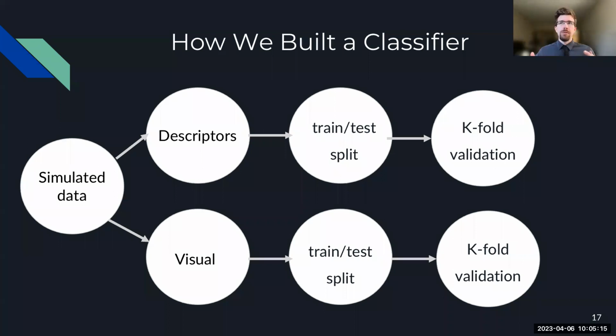And then in order to train and test a neural network, we had to split that data, and we did a 70-30 split of the training data and then the testing data. We used that testing data to validate how well our network did on the training data. And then we also would use k-fold validation to iteratively test the certain hyperparameters that we set for the models to see which combination was best.